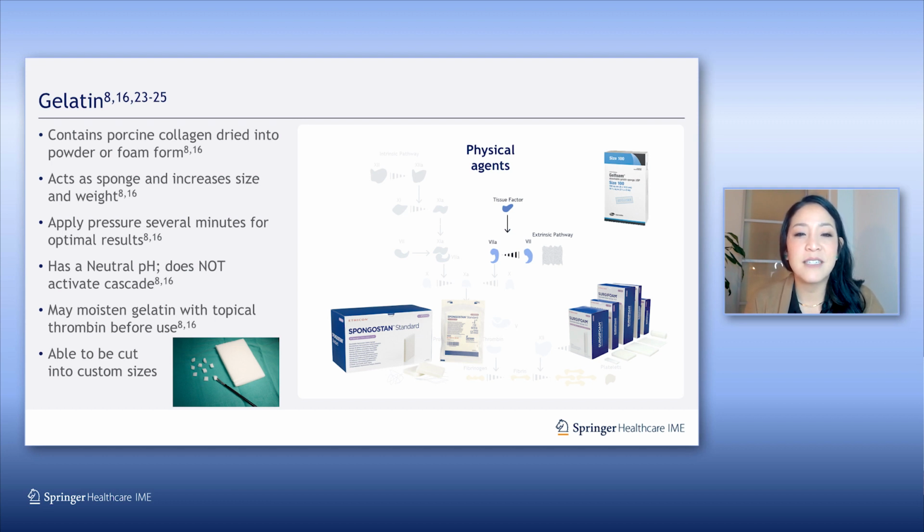Unlike the previously discussed agents, this actually has a neutral pH, so it does not activate the clotting cascade. So that's important to note when selecting some of your THAs, is, again, knowing these mechanisms. Because of this lack of activating the clotting cascade, some may moisten the gelatin with topical thrombin before its use to further aid in hemostasis.